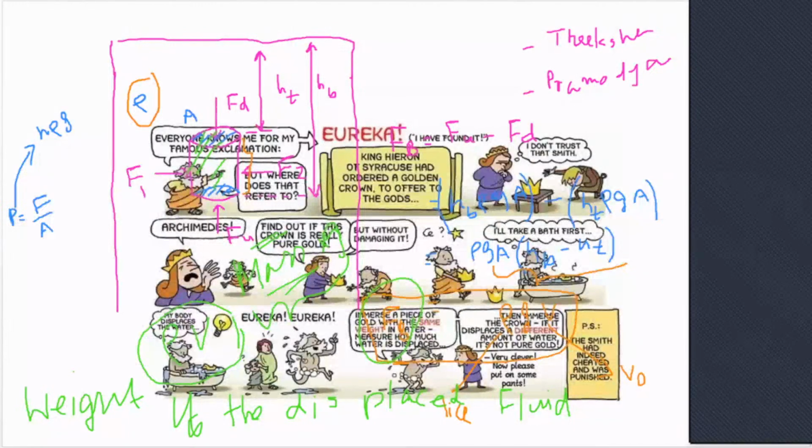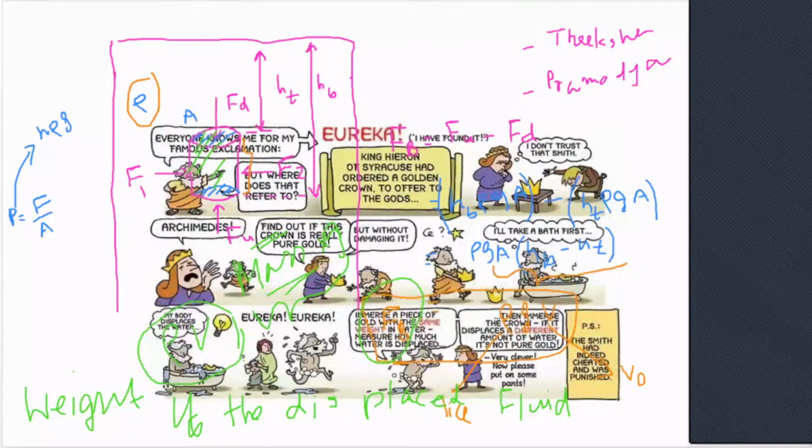So ultimately, if you are not using proper material, this weight is different. So from the difference between the weight with pure gold and this weight, we can find this. That is what Archimedes said here. Right? So this is what happened there.